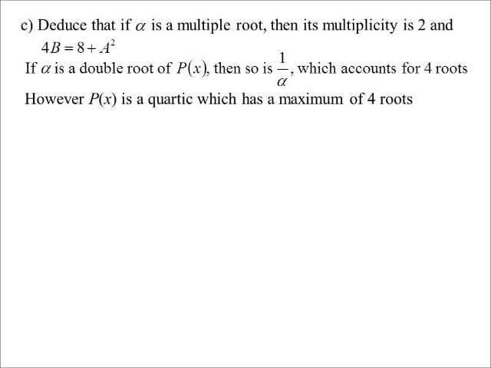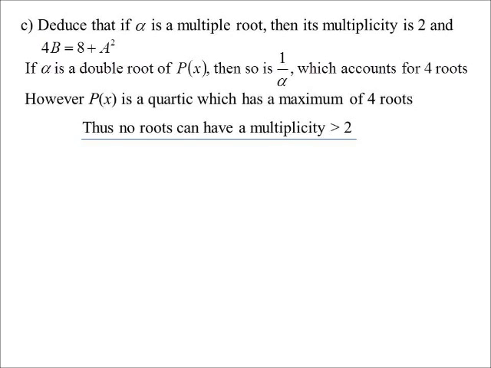And we know a quartic has a maximum of 4 solutions. So there are no more solutions. They are the 4 solutions: alpha, alpha, 1 on alpha, and 1 on alpha. So no more roots, so they can't be more than a double root. Because if they are anything more, I'd have more than 4 solutions to this quartic, which I can't have.